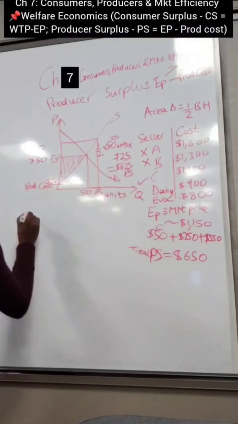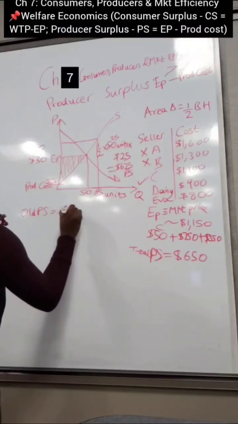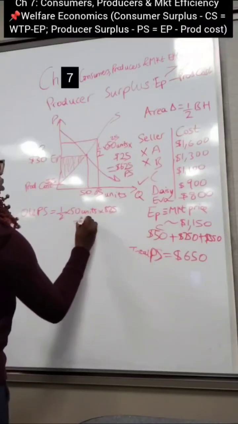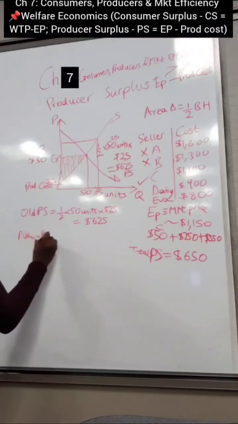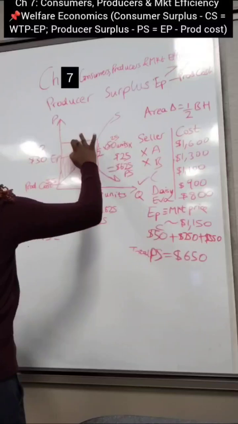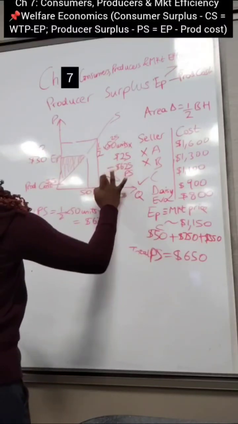So now remember, initially the old producer surplus was half times 50 units times $25, which gives you 625, right? And now your new producer surplus is going to be, so remember, you want to know how much of this increase in producer surplus is due to old versus new sellers, okay?